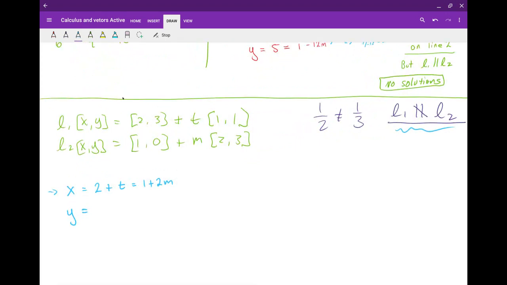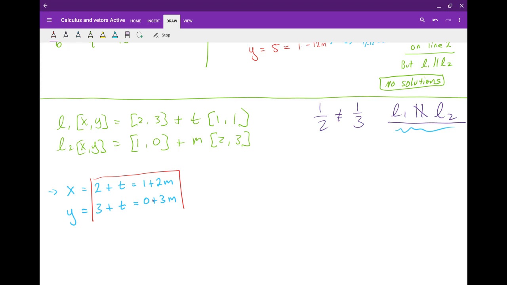So the Y component is 3 plus 1t. All right. So 3 plus 1t. And the Y component here is 0 plus 3m, right? So equals 0 plus 3m. And now you kind of just take these 2 sections here and you say, look, I've got 2 equations, and in each equation there's a t and an m.